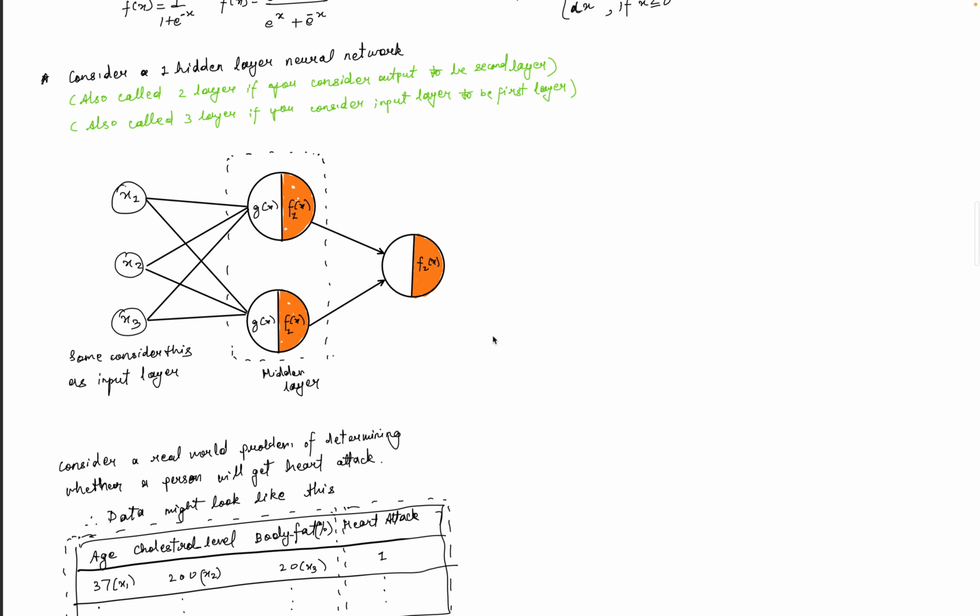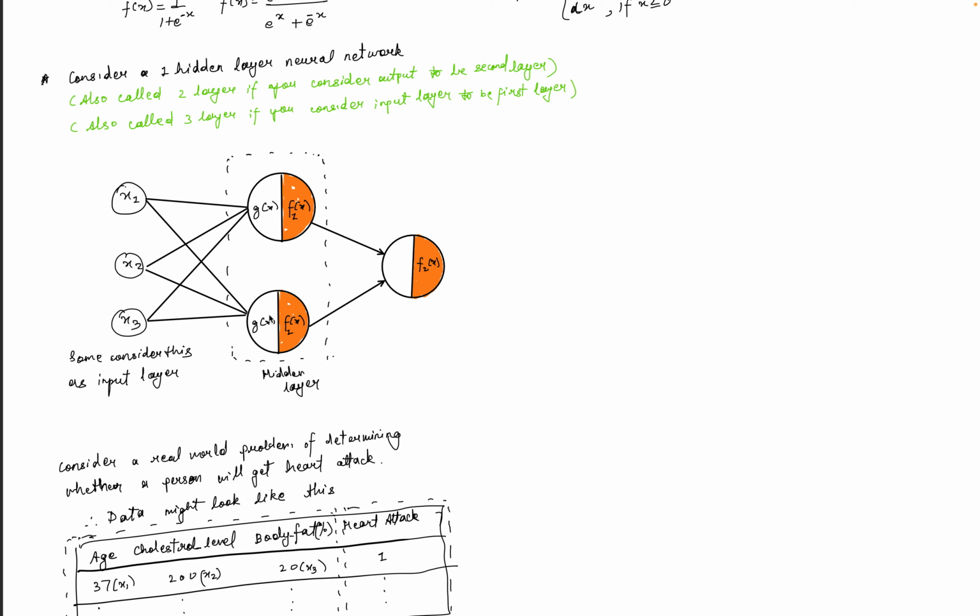Remember, this kind of neural network is called a fully connected neural network. That means all the inputs are going to all the neurons. If there was one more neuron, all the inputs would go to that neuron as well. It doesn't matter how many neurons there are, the inputs will go to every neuron. That means if g of x has to produce the sum product, it needs to have weights for all the inputs.